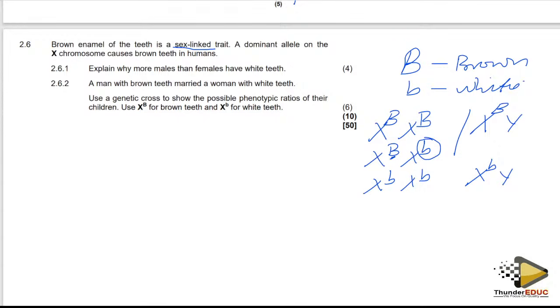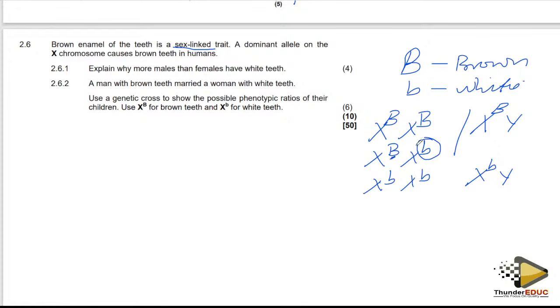So how are you going to answer this? Basically, we say that males have one X chromosome. Look at this general description. Males have one X chromosome. If a recessive allele appears on that X chromosome, the individual has the condition. While females have two X chromosomes.